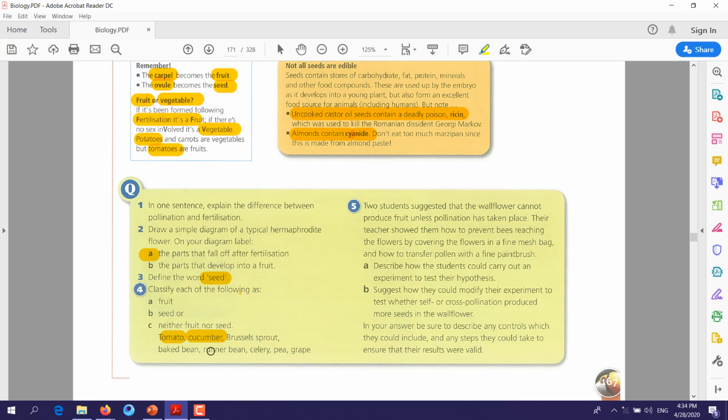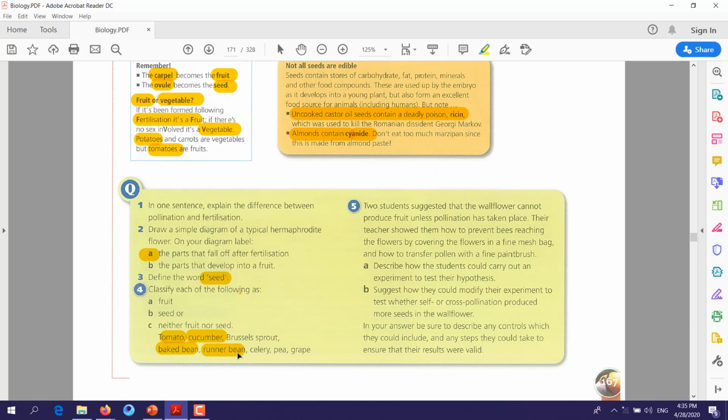Then next example, it's baked beans. From its name, bean, all of us know that beans are seeds. Then another example we have runner bean. If you search about runner bean, it has seeds in it.